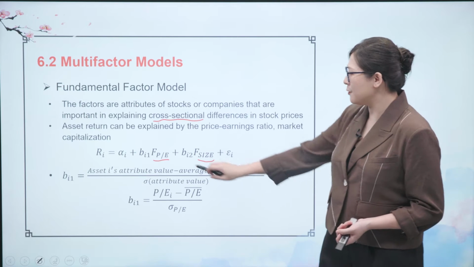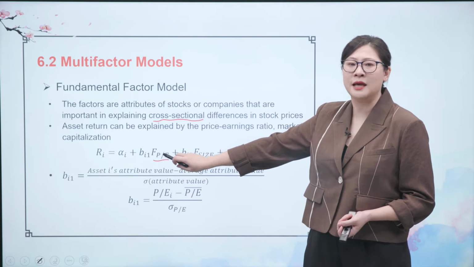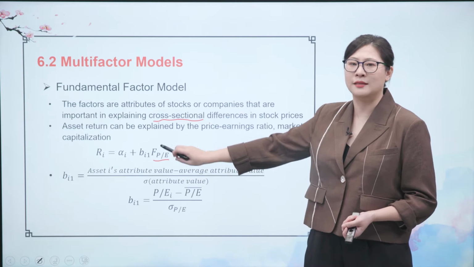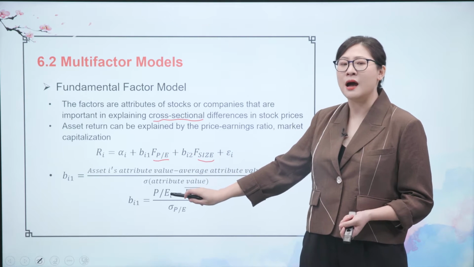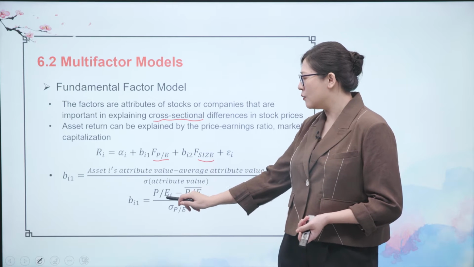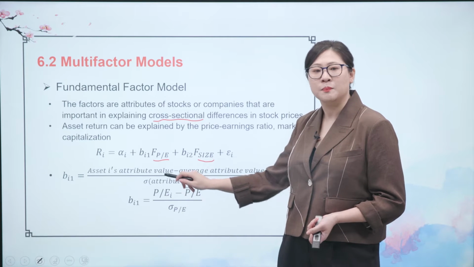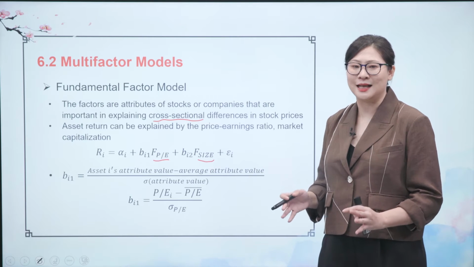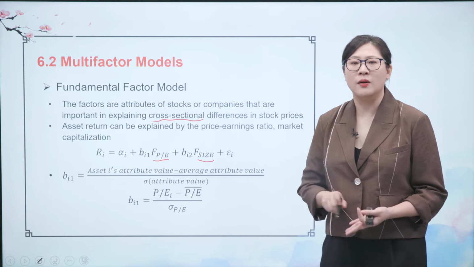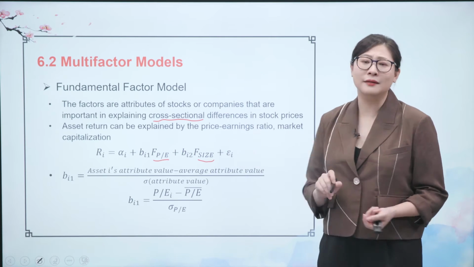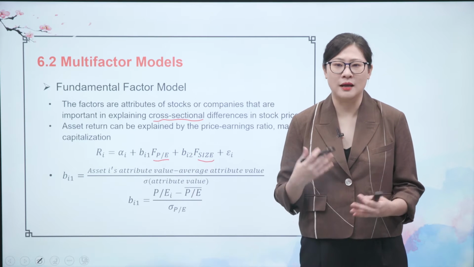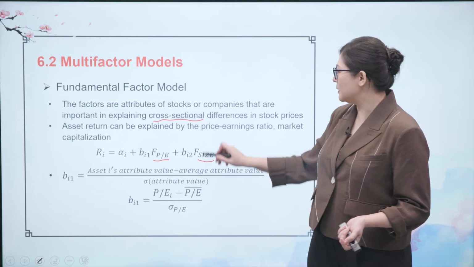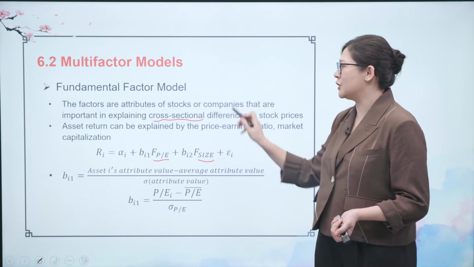So consider that PE is one of the factors that could explain the asset return. Then B_i1 should equal Guizhou Maotai's PE minus the whole portfolio's average PE across all the assets. So if in your empirical study you have 30 stocks, that's your cross-sectional data.